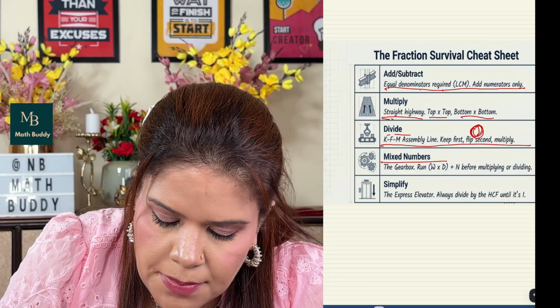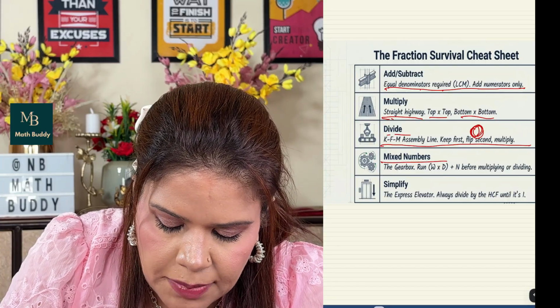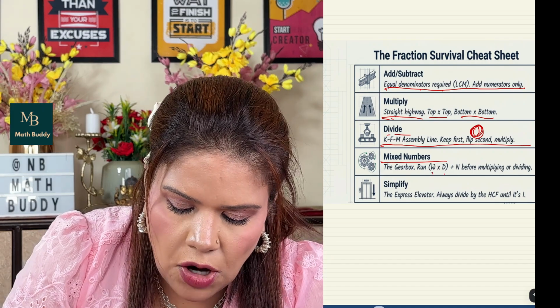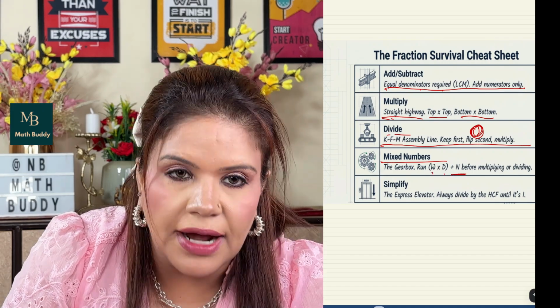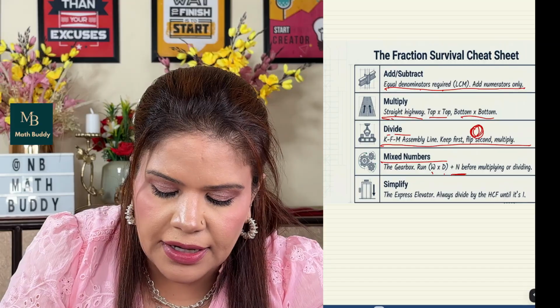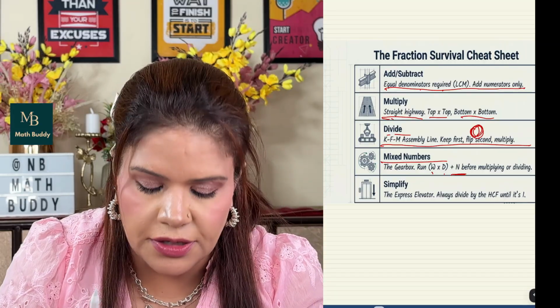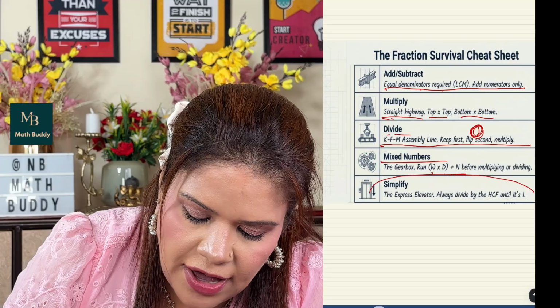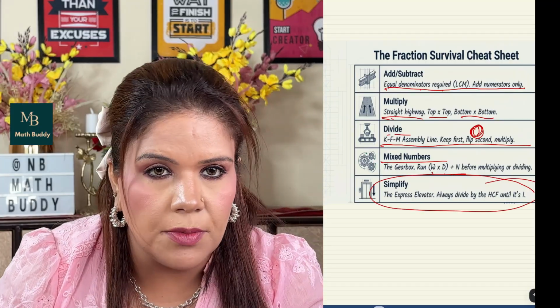And for mixed numbers you will multiply whole number with the denominator and then add the numerator, and the denominator will remain the same. And for simplifying you need to find the highest common factor.